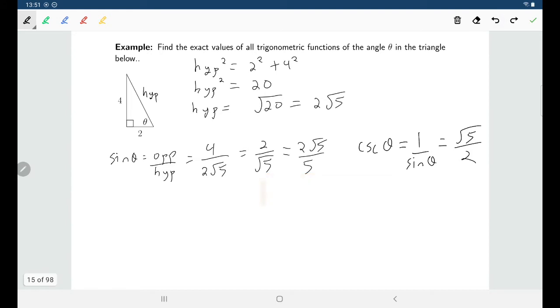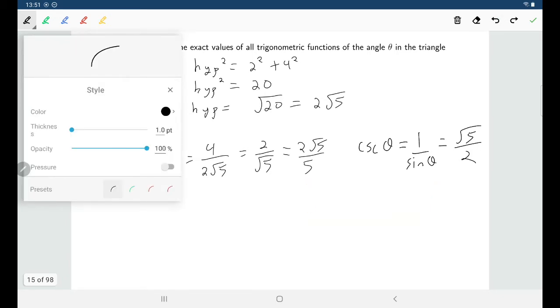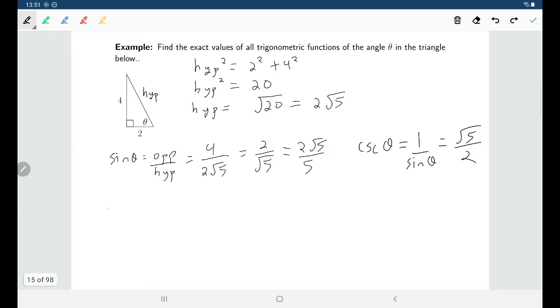If, on the other hand, I had chosen to look at this one and said, well, it's 5 over 2 root 5, I would need to put it in simplest terms still, and that would only lead me to that answer, which I've already found. So, thinking strategically here, I was able to find cosecant theta right after I found sine of theta. And I'm going to do this same thing for cosine of theta. I know that that's adjacent over the hypotenuse.